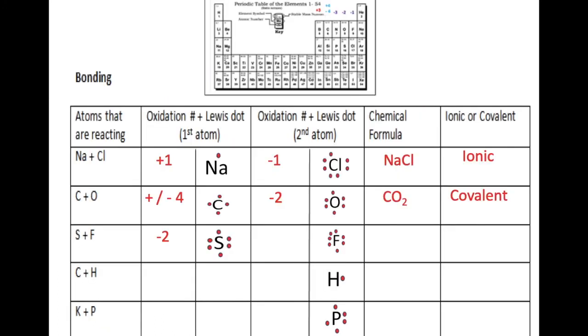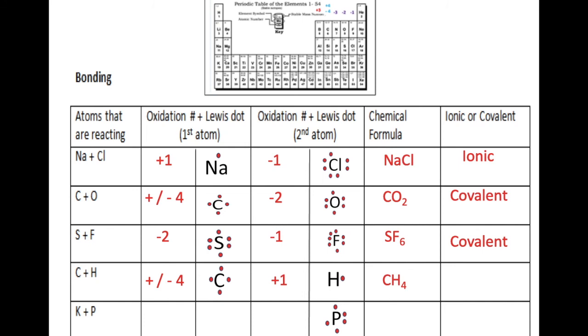So if we come back to our table here, we also know that this is a covalent bond because sulfur and fluorine are so close to each other on the periodic table. Similar atomic radius, similar ionization numbers, they're going to share those electrons. Carbon and hydrogen is going to create CH4.